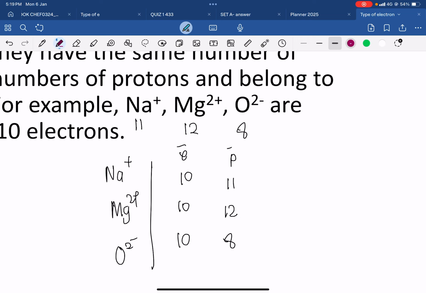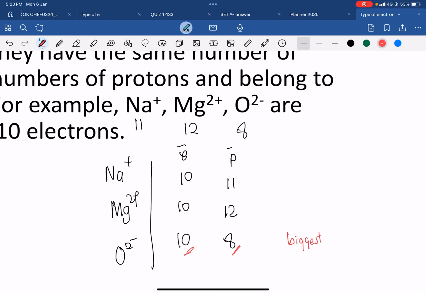Okay, so kalau kita tengok biggest maksudnya number of electron must be bigger than proton, kan? So proton sikit, elektron banyak, so size dia besar. So yang mana? Okay, kita tengok proton yang kecil, okay, tapi elektron dia banyak. So oxygen is the biggest.